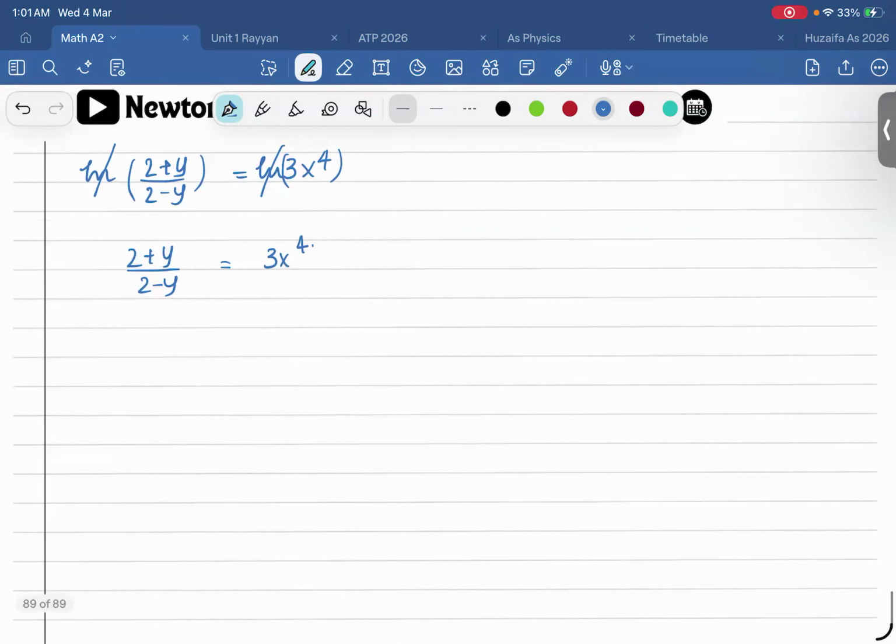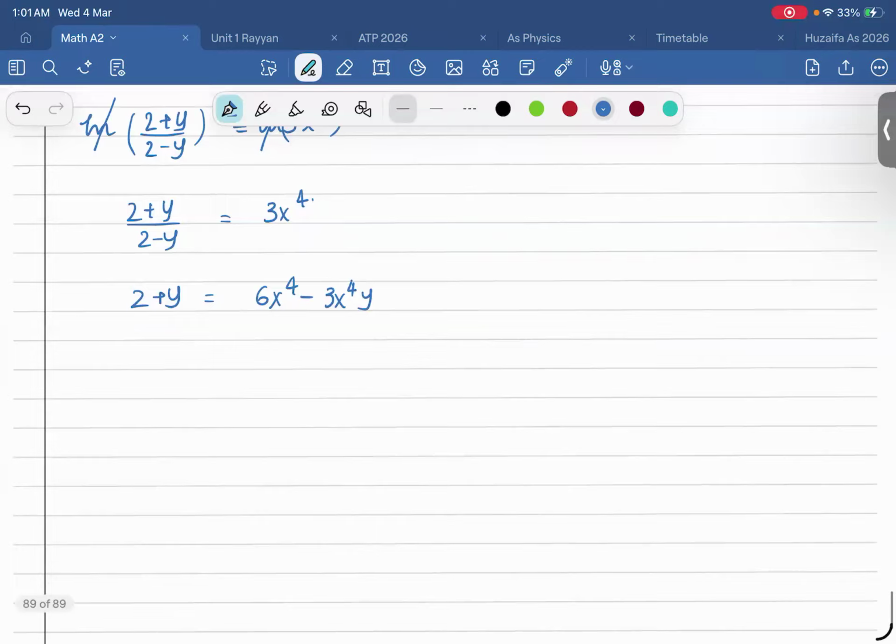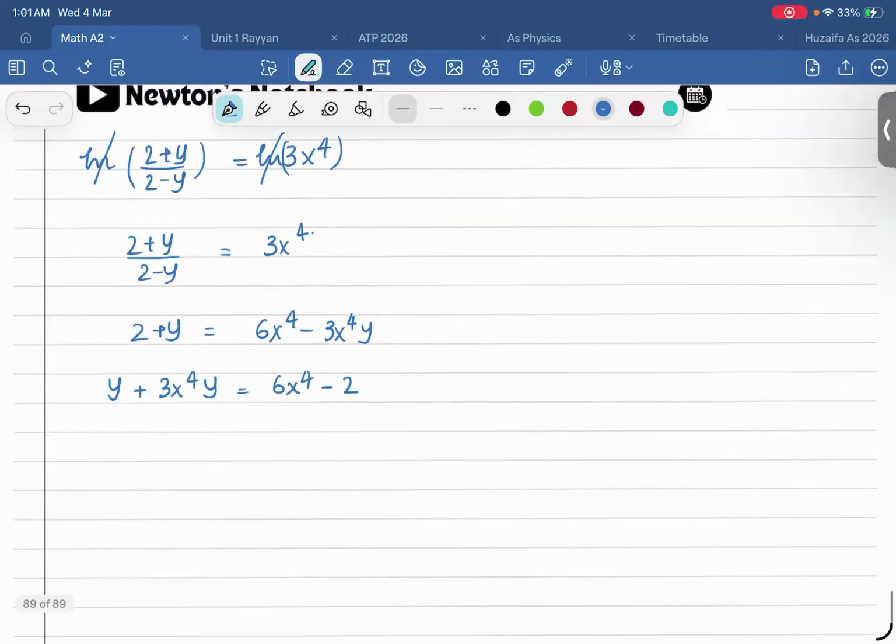So what you have to do is 2 plus y is equal to 6x to the fourth power minus 3x to the fourth power times y, and now take it to the other side: y plus 3x to the fourth power times y equals 6x to the fourth power minus 2.